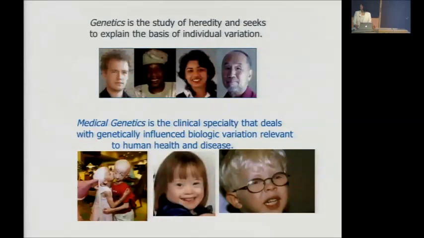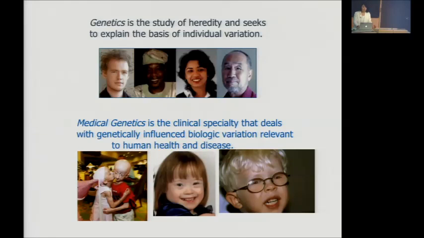By way of introduction, genetics is the study of heredity and seeks to explain the basis of individual variation that we see as we look around the room today. Medical genetics is a branch of medicine which deals with genetically influenced biologic variation that is relevant to human health and disease. So in the medical genetic space, we're talking about diseases that are genetically determined or influenced.